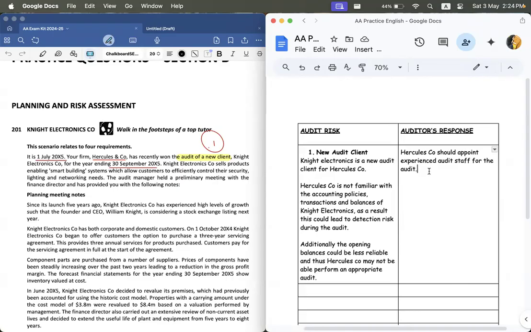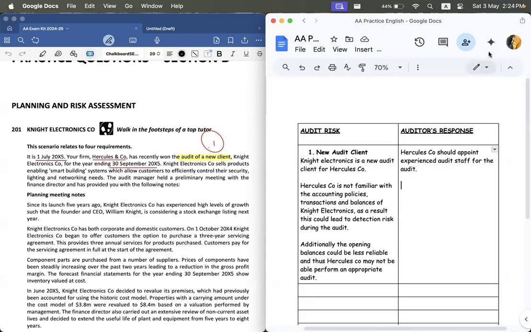Now the problem is we don't know the client, so we may need to test more, right? Unlike the others. So we need more time, so that we are able to understand Night Electronics completely and also assess any material misstatement. Understood?